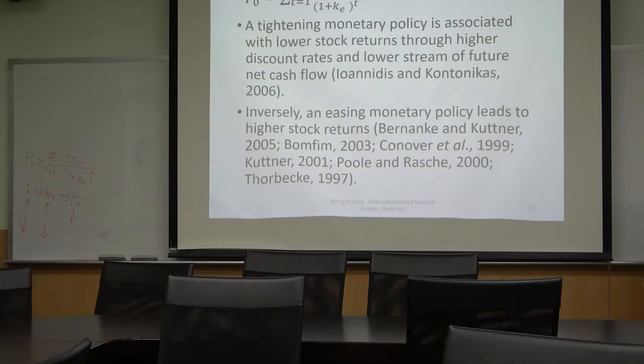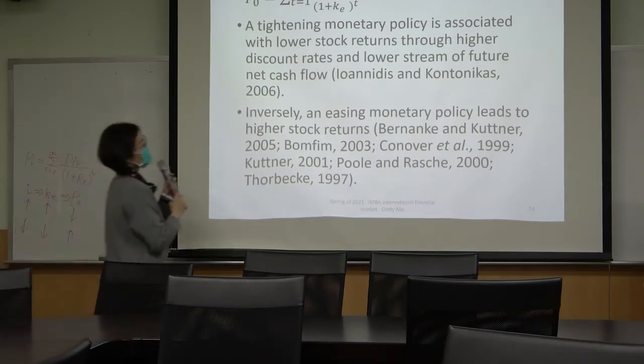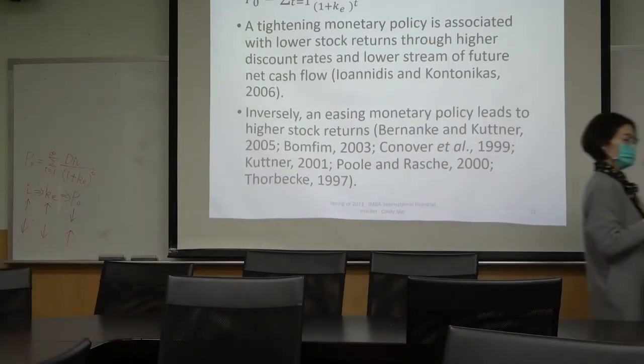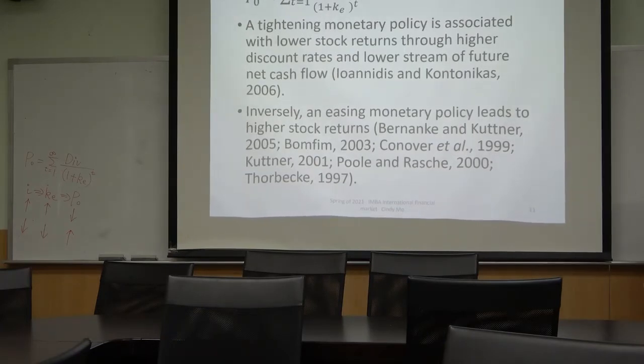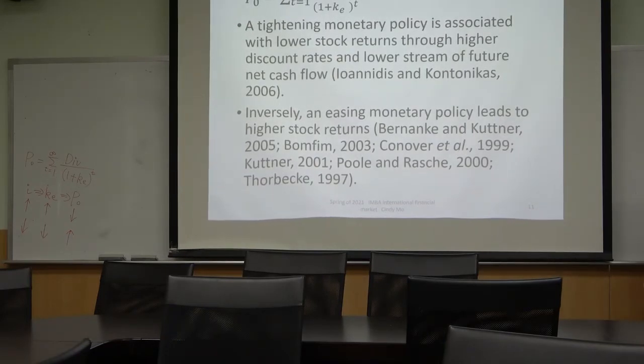Then we use a lower rate to discount the future cash flow of dividends. In this case, the current price of stock will go up, and then we will see an increase in the stock return. So this has been confirmed by Ioannidis and Kontonikas.